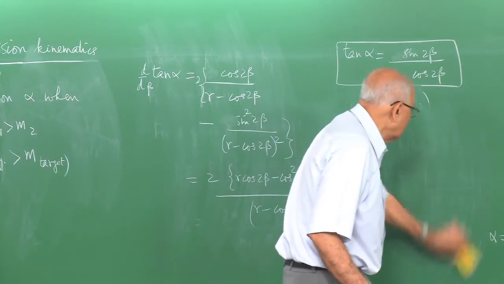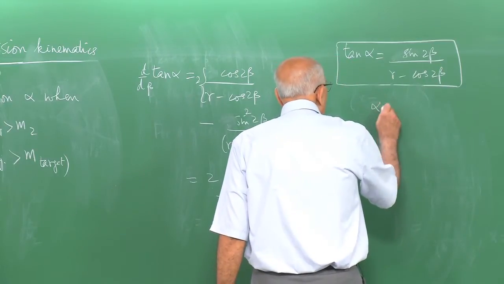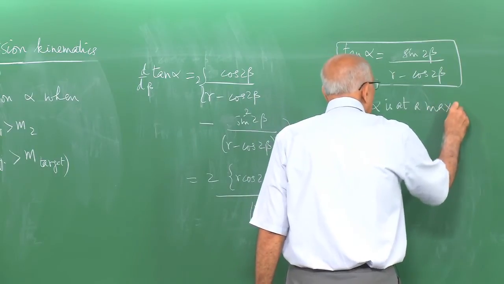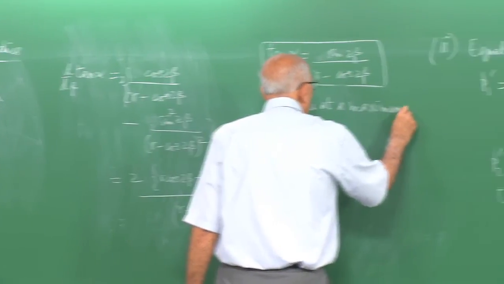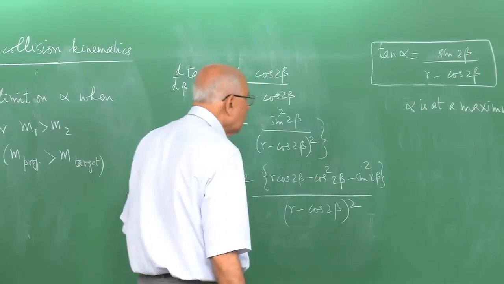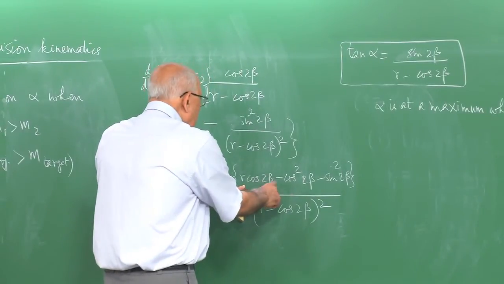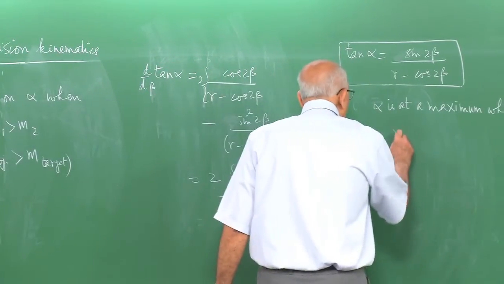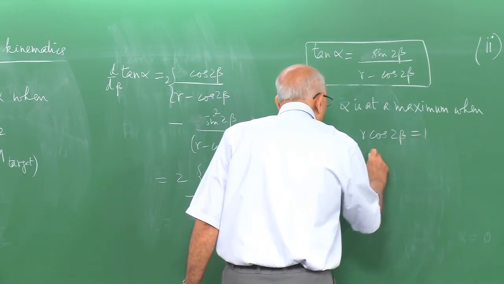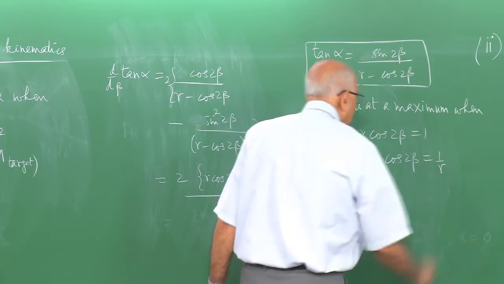So what does that tell you? It says alpha is at a maximum when this derivative vanishes and the numerator is r cos 2 beta minus 1, when r cos 2 beta equals 1, or cos 2 beta equals 1 over r.